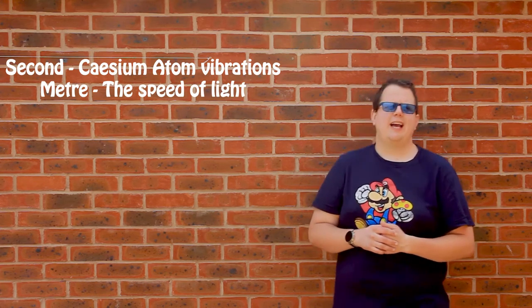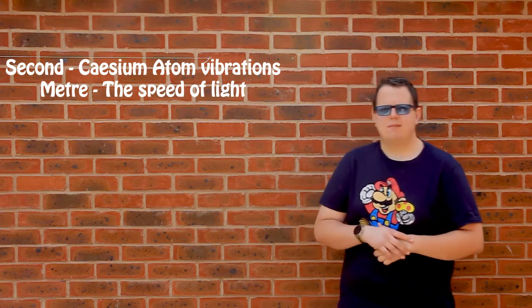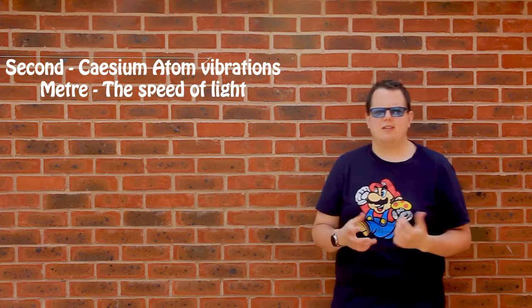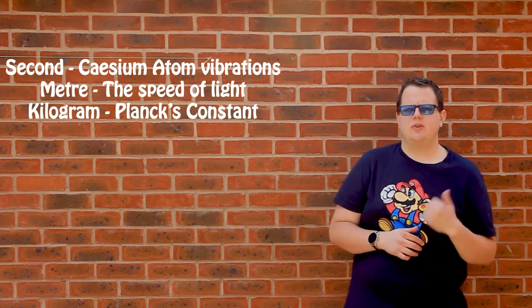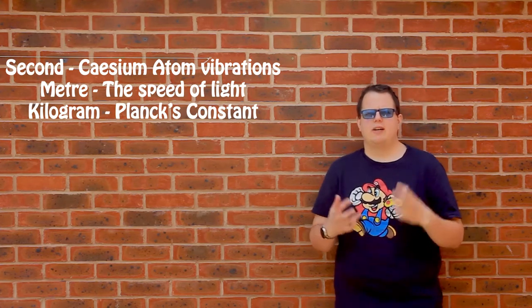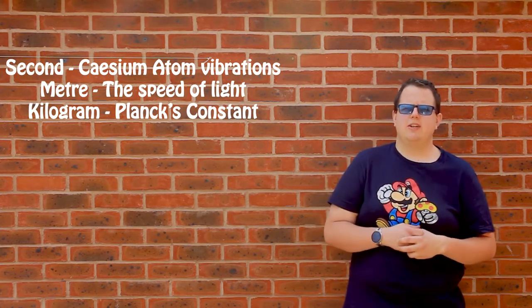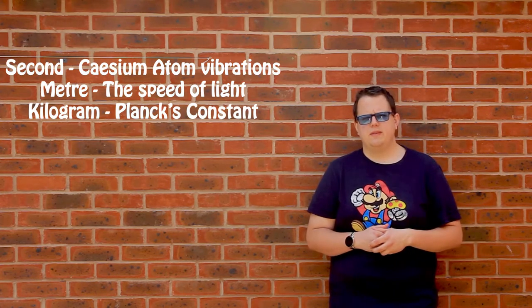Okay, the kilogram. The kilogram is defined by taking a fixed value for Planck's constant, h, to be 6.62607015 times 10 to the minus 34 when expressed in units of joule seconds.